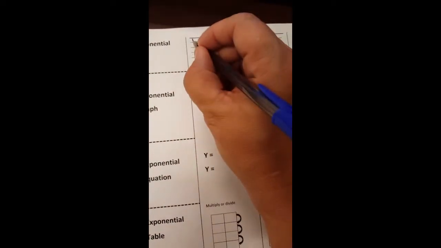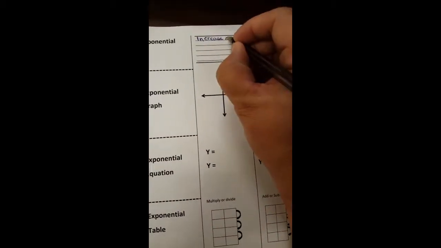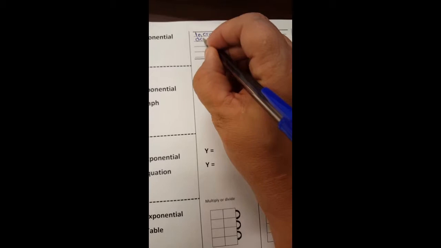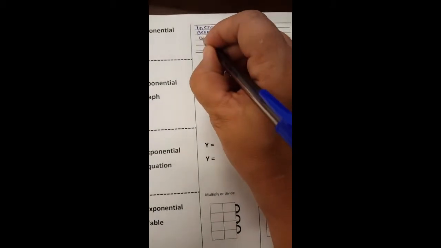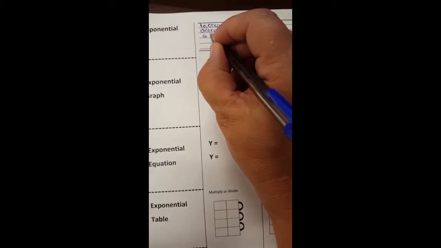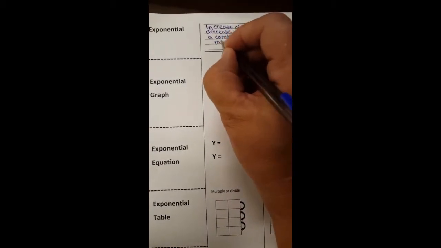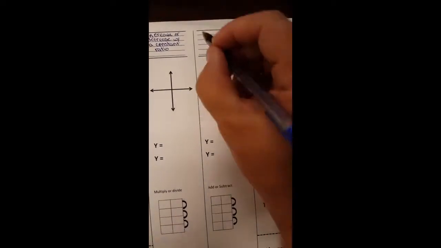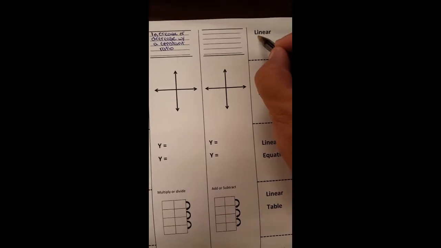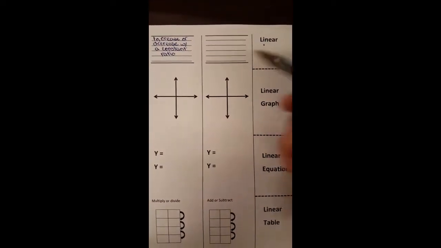So exponential: increase or decrease with a constant ratio. And we've already talked about linear. Remember, linear functions are always your arithmetic sequences.